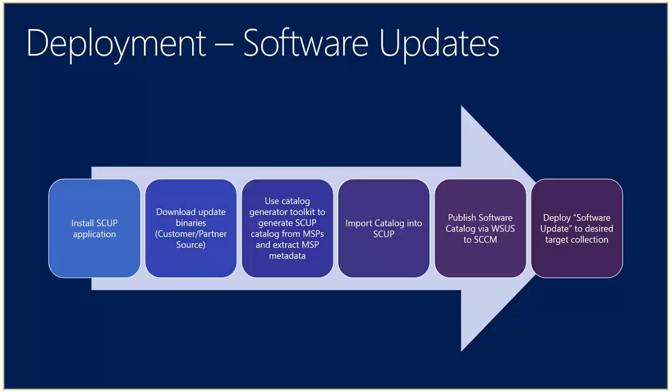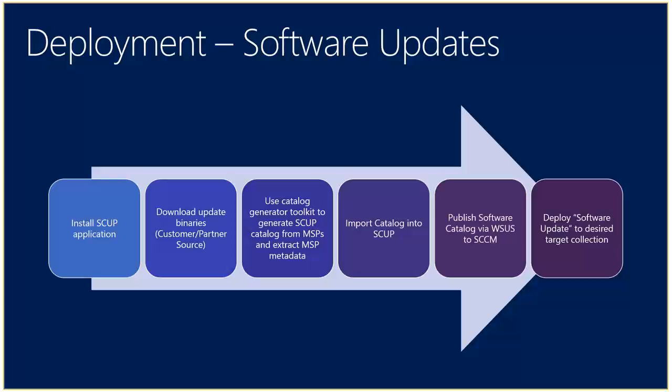Then what you do is you would use one of the other accompanying toolkits that we have along with the retail mass deployment toolkit. The other toolkit we have is a catalog generator toolkit. Now, what this toolkit does is something very nifty.